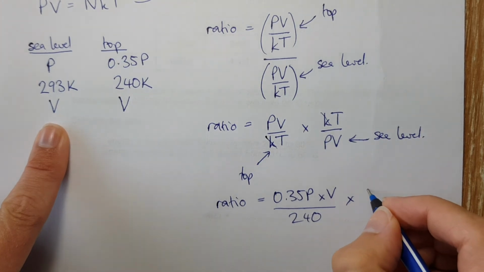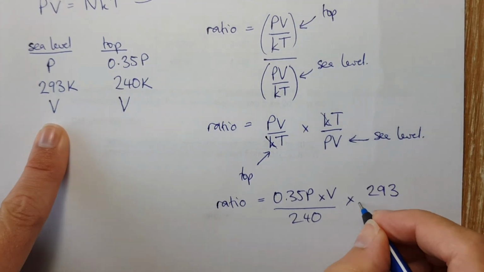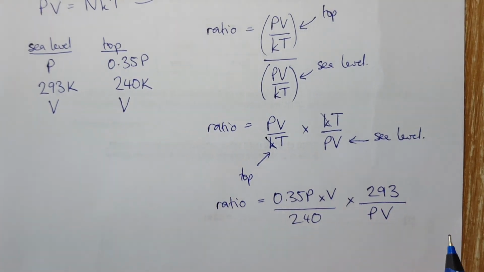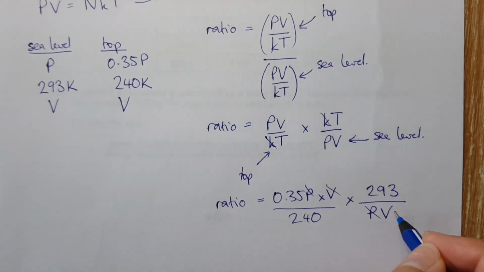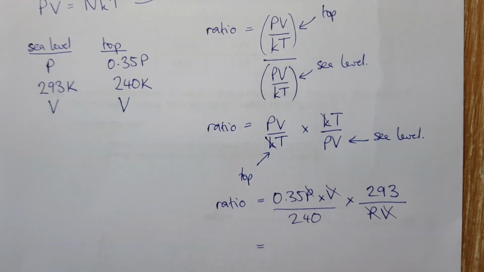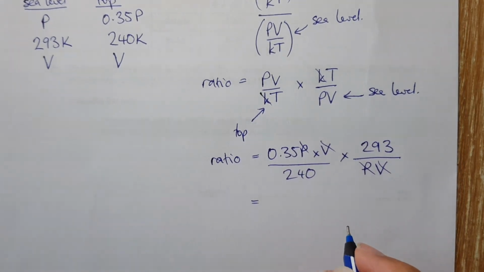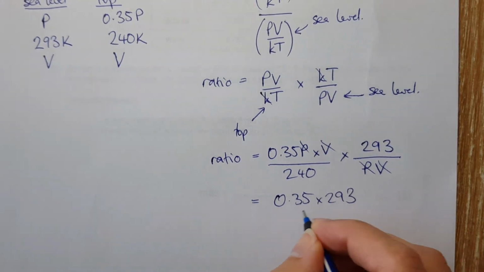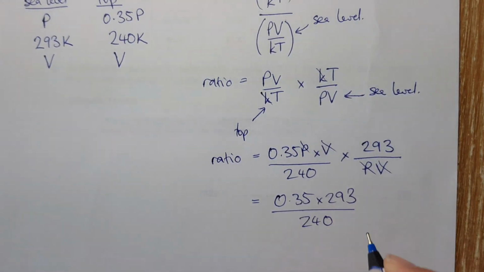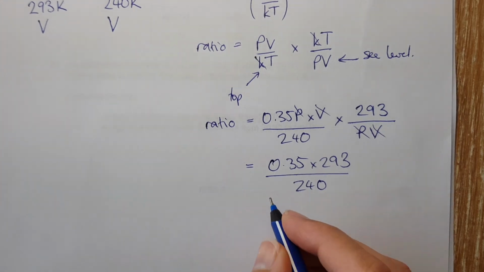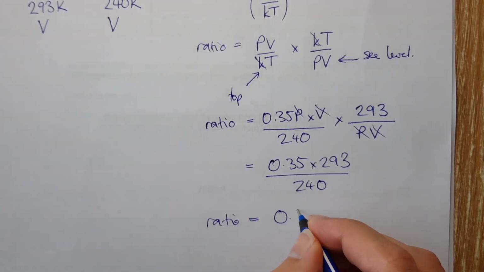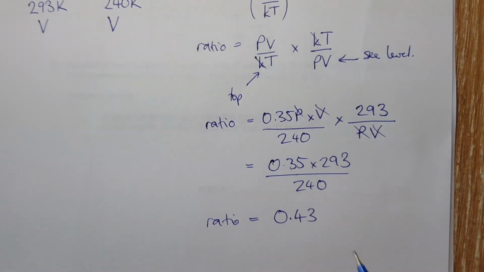So that's 293 over P times V. There we go. Cancelling again, cancelling the P's, cancelling the V's. That leaves us with, and that finally comes out as 0.43. That's our final ratio there.